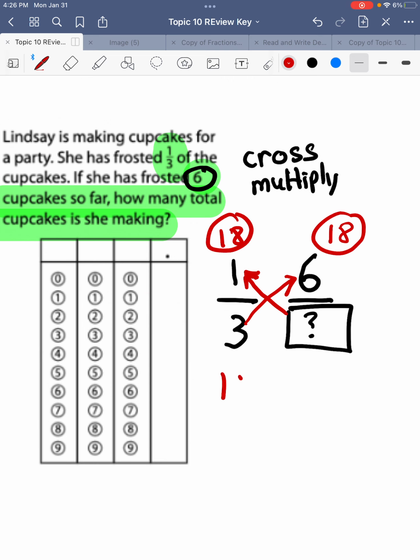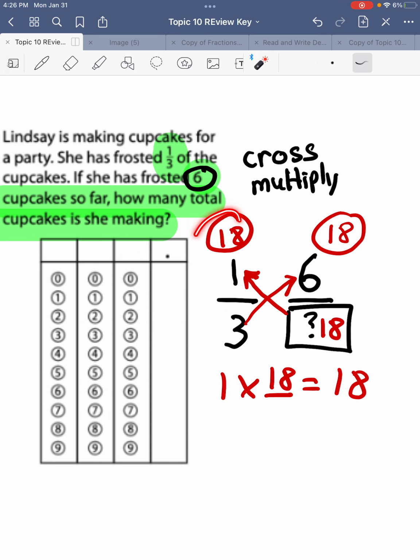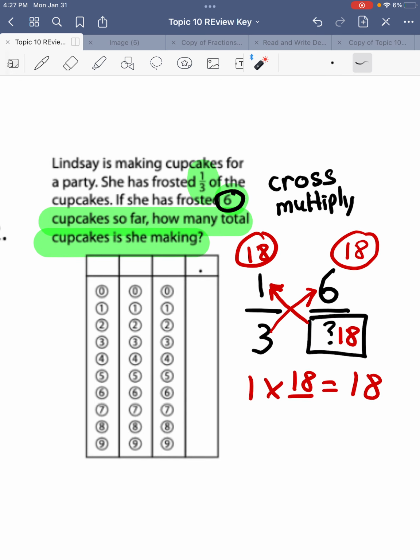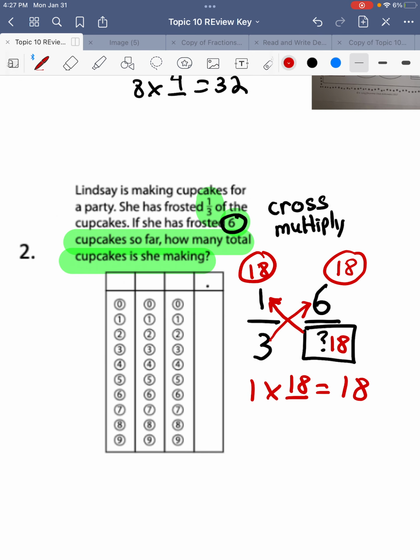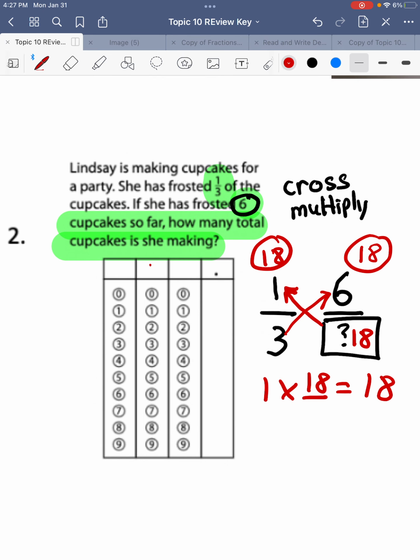So what times 1 will give me 18? That will be 18. So in this box, I will have 18 because 18 times 1 gives me 18. And these numbers both match, so that's when I know I got the answer right. The answer is 18, okay? When we are putting this in the grid, you're going to put your 1 here, your 8 here, okay, 18.